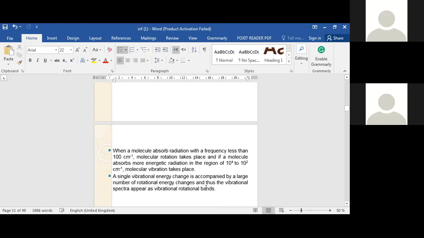A single vibrational energy change is accompanied by a large number of rotational energy changes, and thus the vibration spectra appear as vibrational-rotational bands.